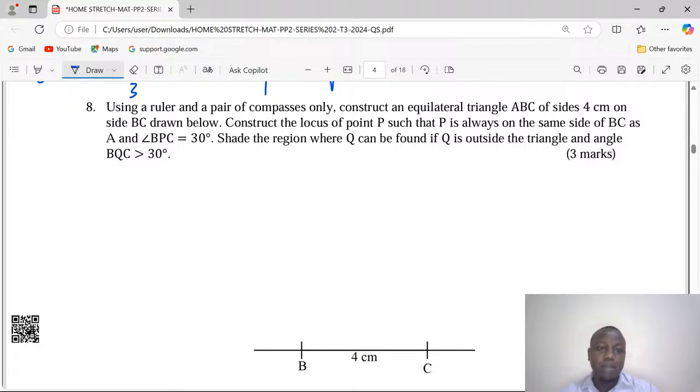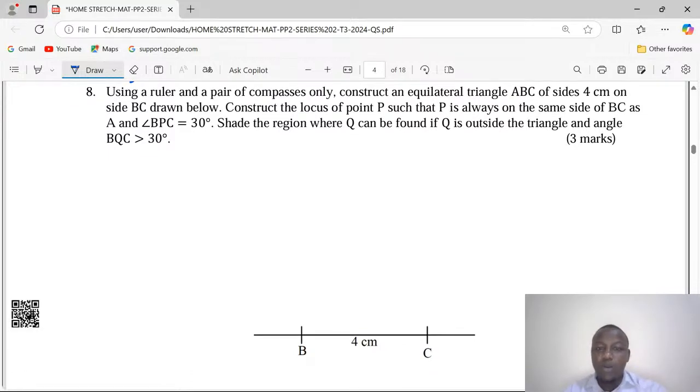Using a ruler and a pair of compasses only, construct an equilateral triangle ABC of sides 4 centimeters on side BC drawn below.